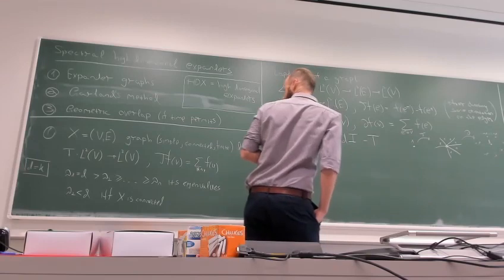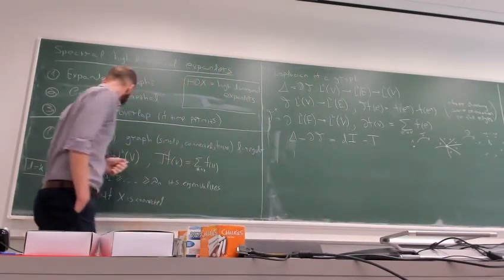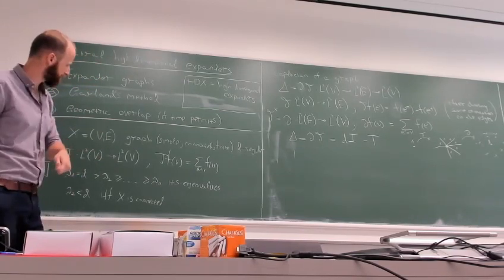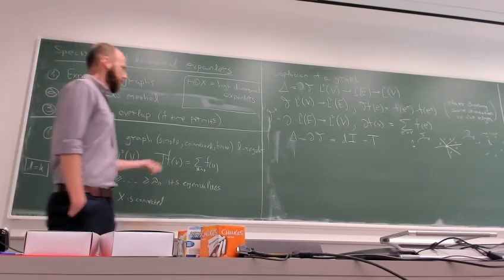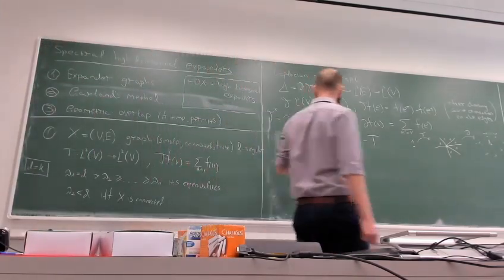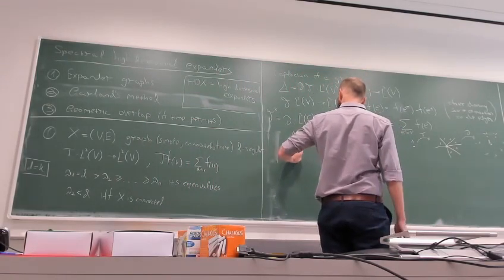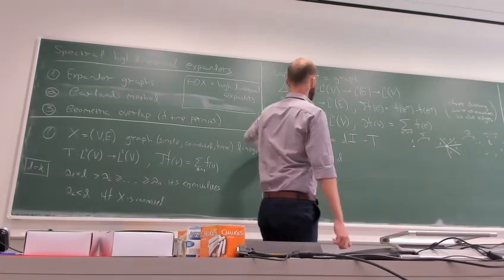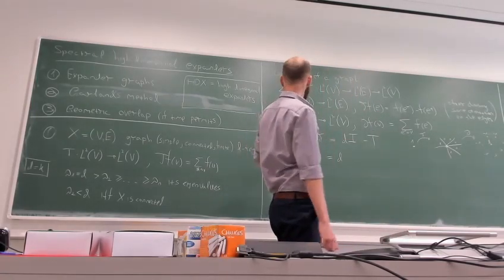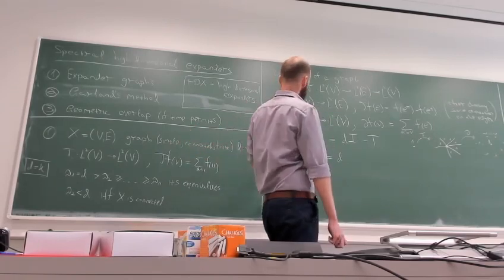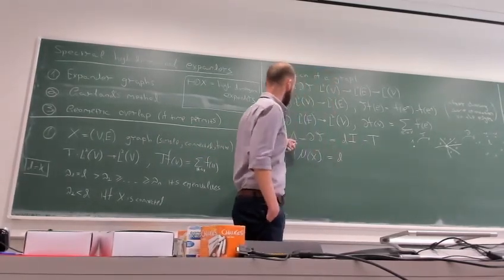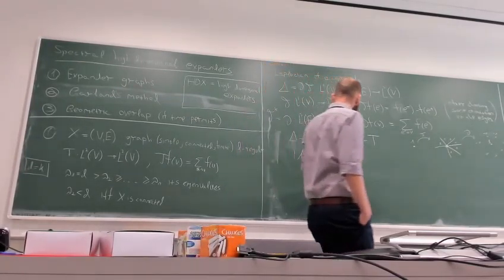I don't want to corrupt the letter lambda to denote the eigenvalues of both the adjacency operator and the Laplacian, so I'll just denote them by mu. Of course, by this identity, for any eigenvalue of T, d minus that eigenvalue will be an eigenvalue of the Laplacian.